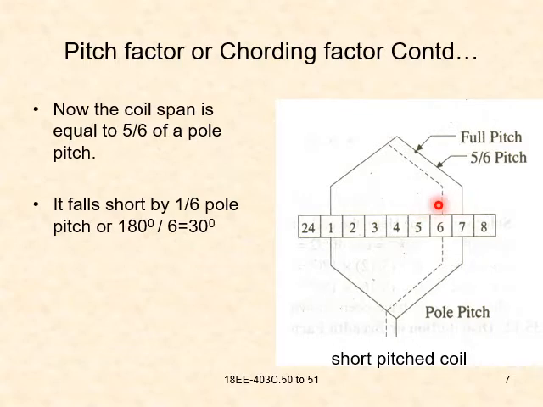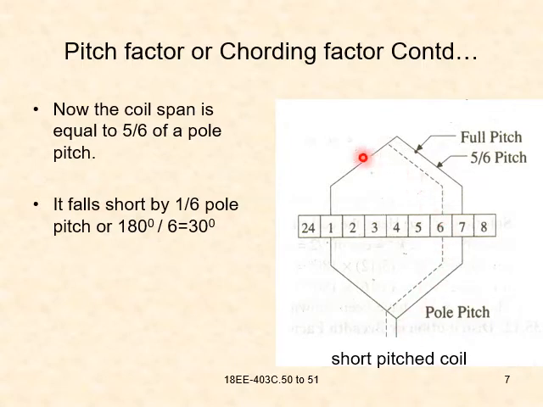So how much was the angle short pitched? The shortfall of short pitch is given over here, that it falls short by 1 by 6th pole pitch, or 180 degrees by 6, which gives us 30 degrees. That means the angle difference between the 6th conductor and the 7th conductor will be 30 degrees. This is a shortfall.